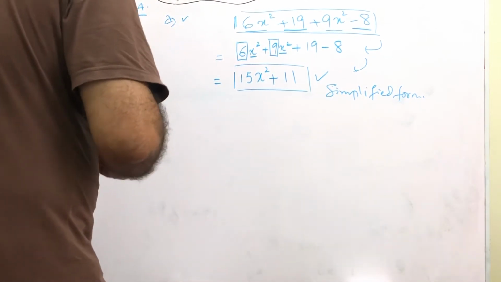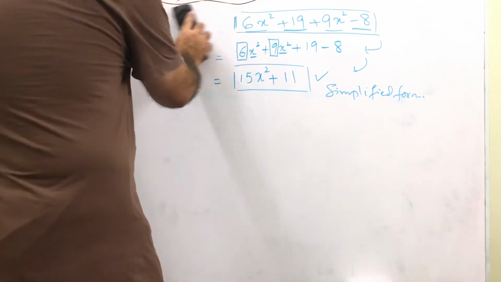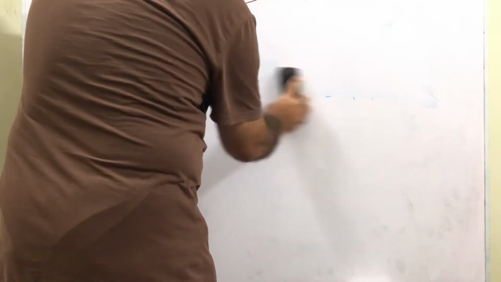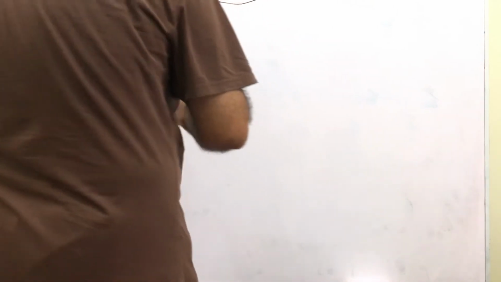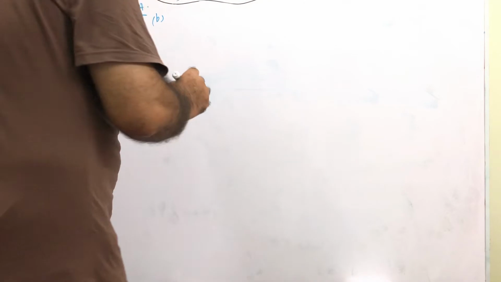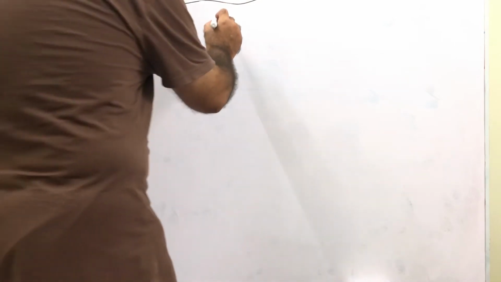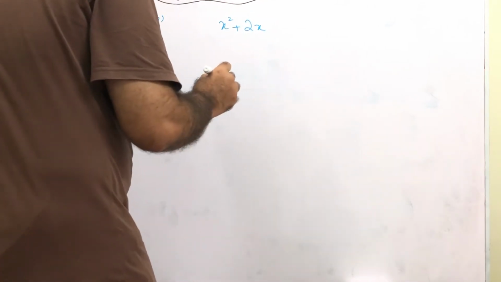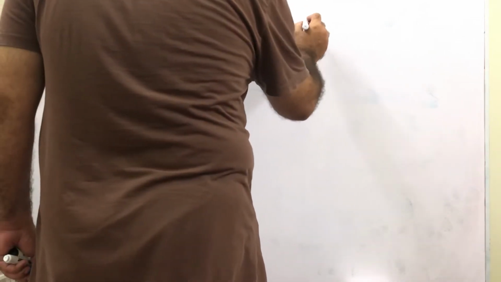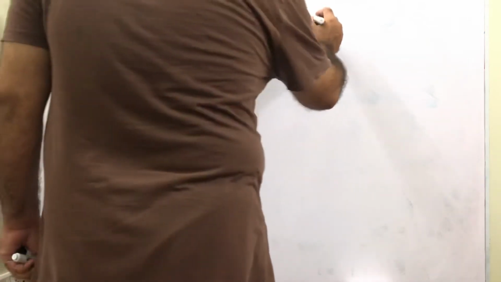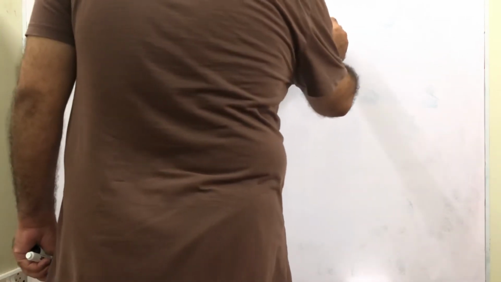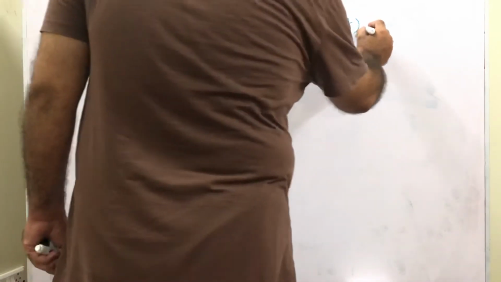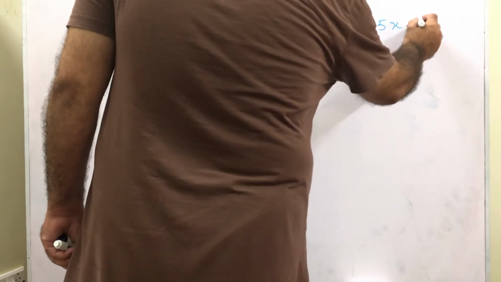Now we will be moving to part B. Part B says x square plus 2x minus 7 minus, small bracket start, minus 11x square bracket close, minus 5x minus 1.